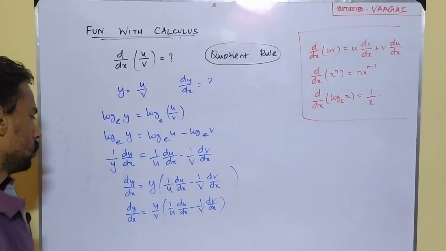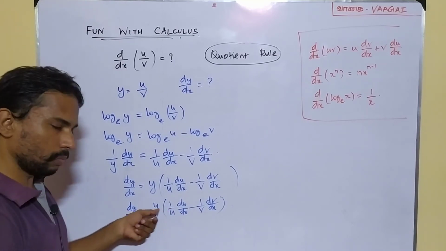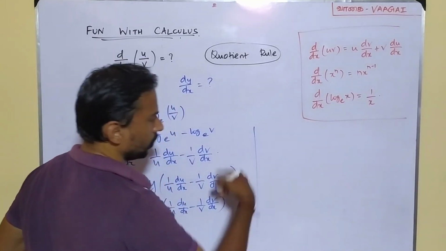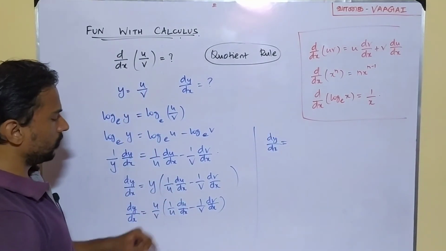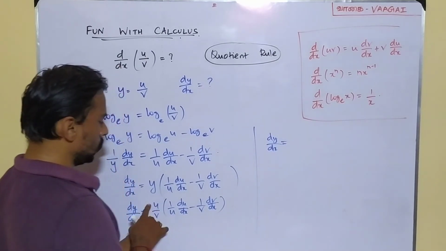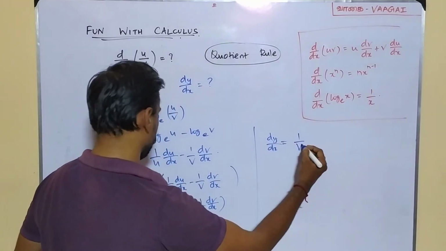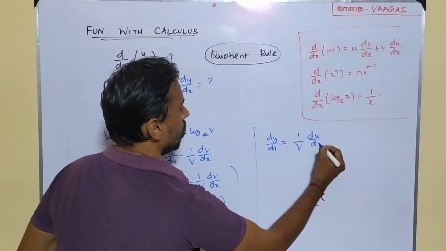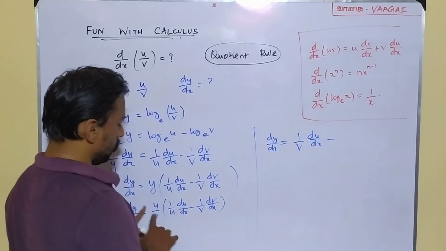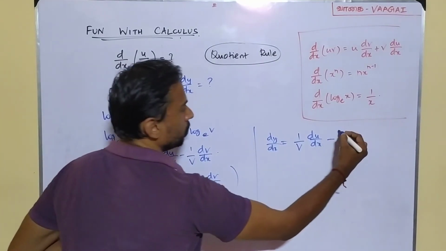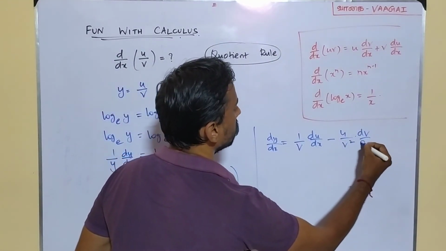So I'm closing it. What happens is, now I can send this u by v to the other side, right? I mean, I can just multiply it inside. So I will continue here. dy by dx is equal to, when you multiply it inside, the two u's get cancelled, so you will have 1 by v du by dx, and you will have a minus, so again you will have u by v square, because here you have u times 1, which will be u, by v times v, which will be v square, into dv by dx.